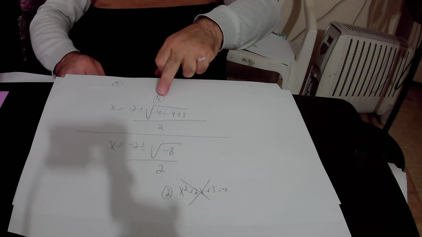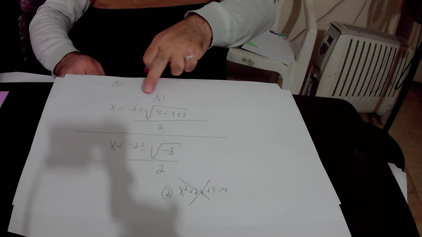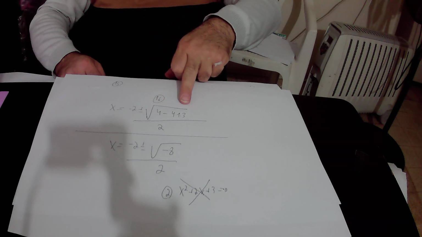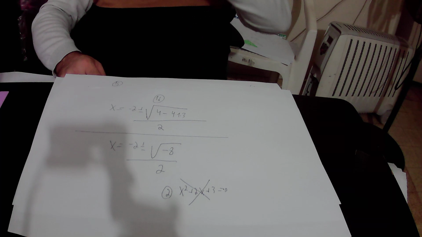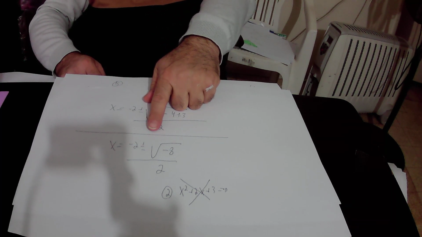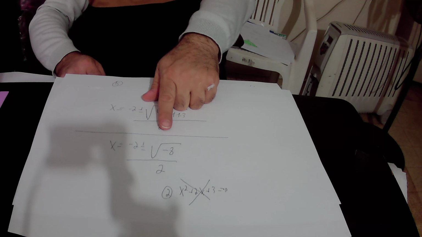So in total we got that x equals to minus 2 plus minus root of 4 minus 12, which is minus 8. So x equals to minus 2 plus minus root of minus 8.